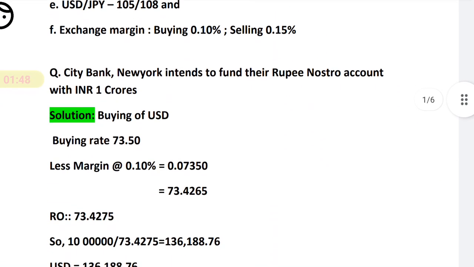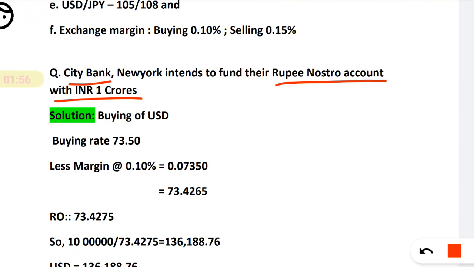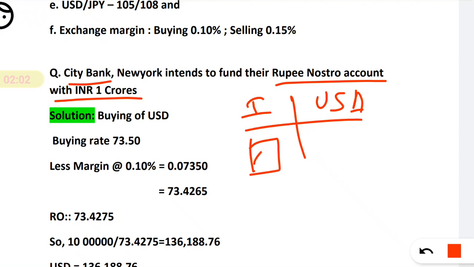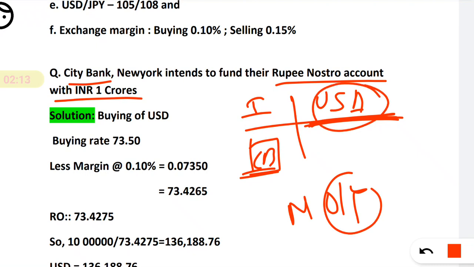What you have to first understand is whether it is a buying case or a selling case. The rupee nostro account of Citibank: this is India, this is the USA. In India we have an account of Citibank, so from the point of view of Citibank, which is based in the USA, nostro means our account with you, that is, in India.